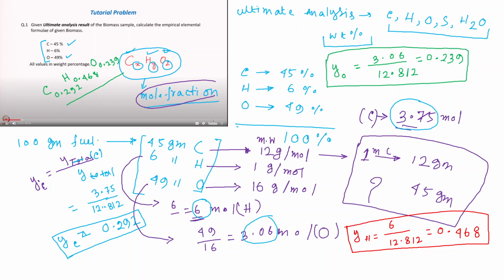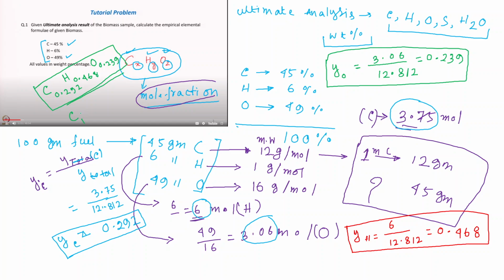If you do some modifications, this is the empirical formula of biomass. If you want carbon to be 1, for looking good, we do not write 1 generally, you just divide all by 0.292.